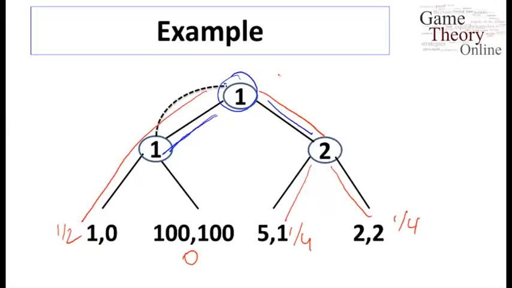Whereas if you had a behavioral strategy, the story is different. Suppose you had a behavioral strategy that told you that you randomized half-half in this information set right here. And let's assume as before that player 2 randomized half-half. So what probability distribution did that induce on the nodes?